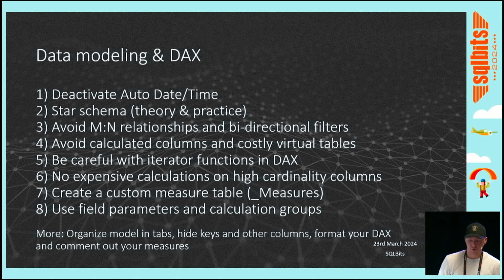For example, if you have a column that has 10 million rows and really long text in there, whatever you run on this column, try to use an efficient DAX formula, because if all the rows are different, and that's what high cardinality means, it means we have a lot of distinct values inside a column, then if I run an expensive calculation on that column, it can run slowly in some cases.